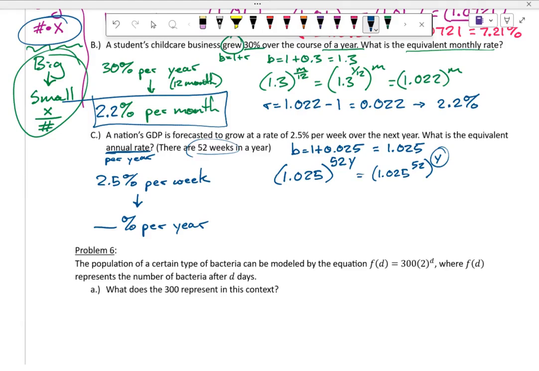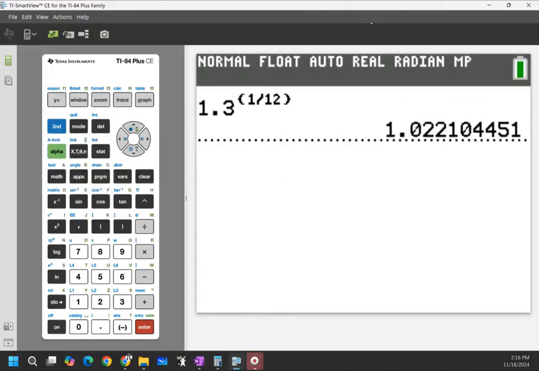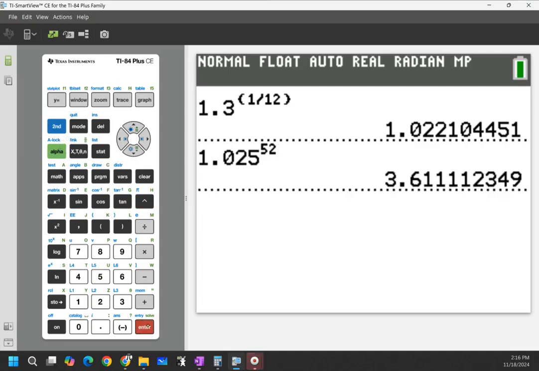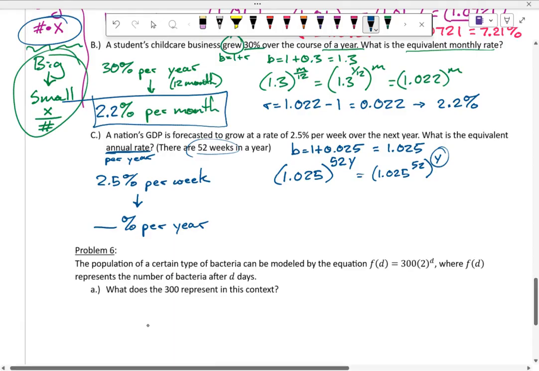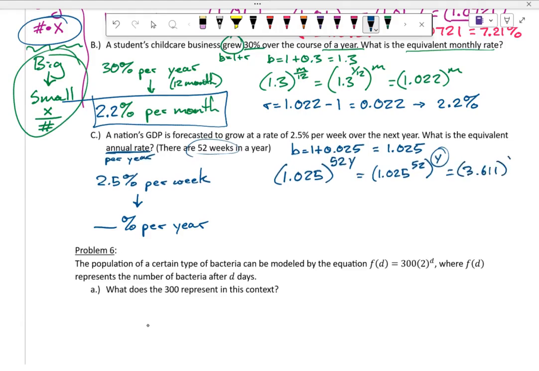So we go ahead and use our calculators. Going back to our calculator, that was 1.025 raised to the 52nd power, giving us 3.6111. Lots of ones going on in there. So going back here, we have that is equivalent to 3.611 to the y, using that for year again, not usually doing that.